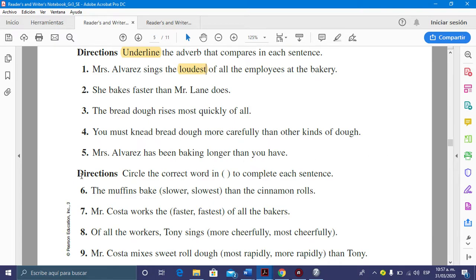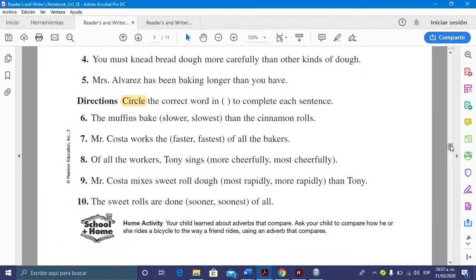In the second part, directions: circle the correct word in parentheses to complete each sentence. You have to choose. Number 6, the muffins bake than the cinnamon rolls.